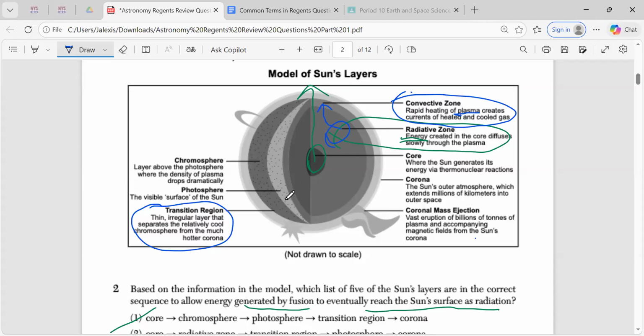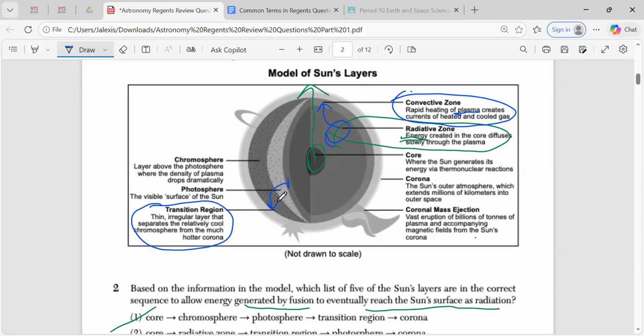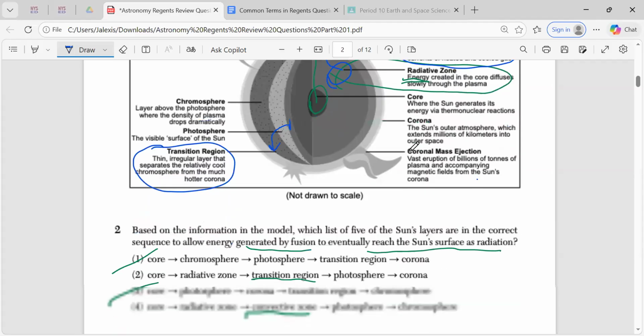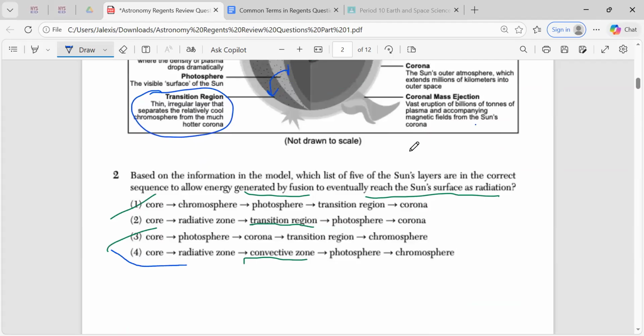The transition region still seems as though it does have to pass through certain regions. You see here the core, the radiative zone would be right here, and it still has to pass through another and another just to get to this point here, right? So that's why my best answer is going to be from the core to the radiative zone to the convective zone. That's why choice four is going to be my best answer.